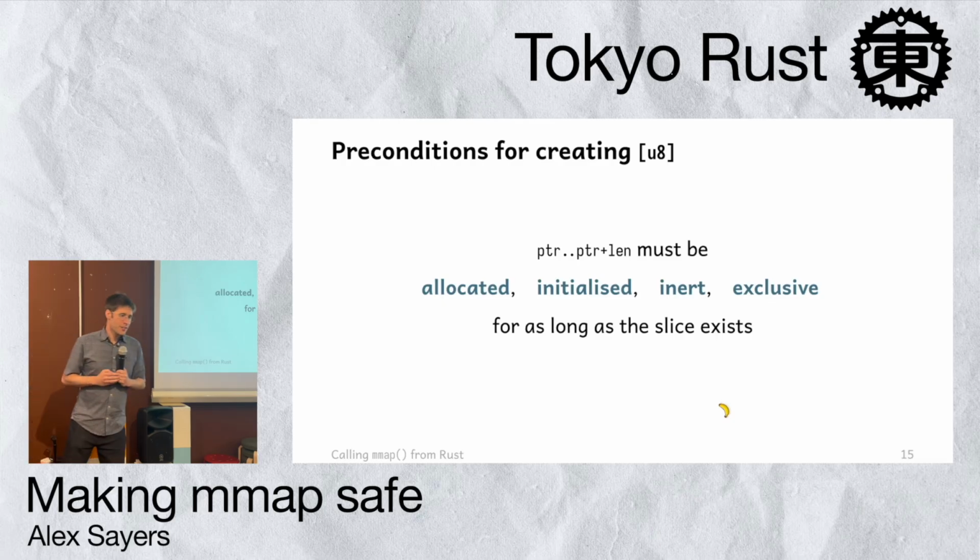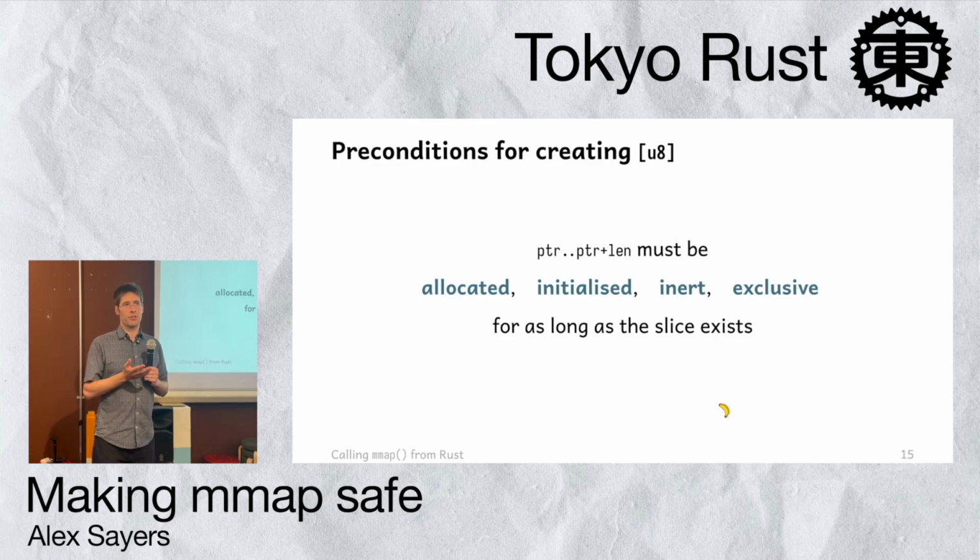When you create a new allocation, the bytes of that allocation are uninitialized until you write to them. And it's fine to have uninitialized bytes floating around. You're just not allowed to look at them. So you can't read from them. But it's not a problem to have them per se.